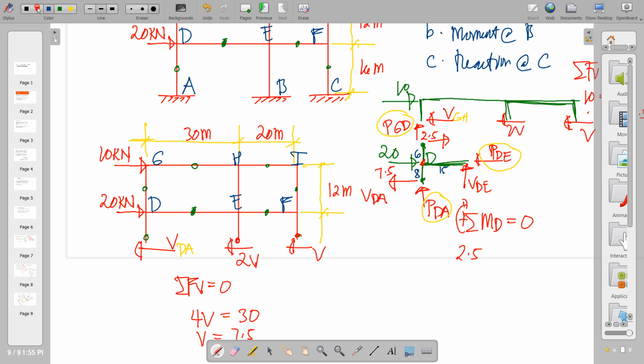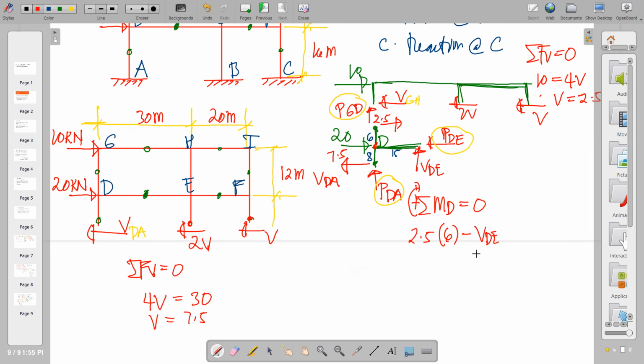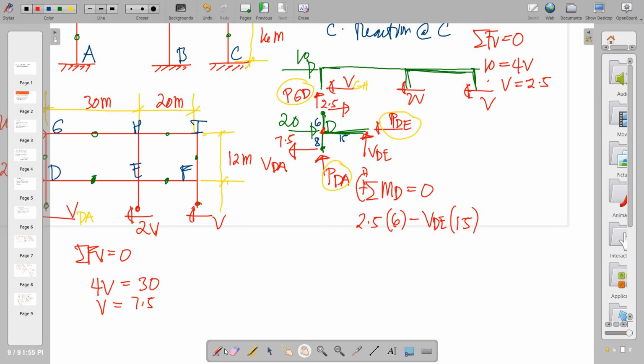Okay, so knowing that, we have clockwise 2.5 times 6 minus shear at DE times 15 minus this one, 7.5 times 8 is equal to 0.